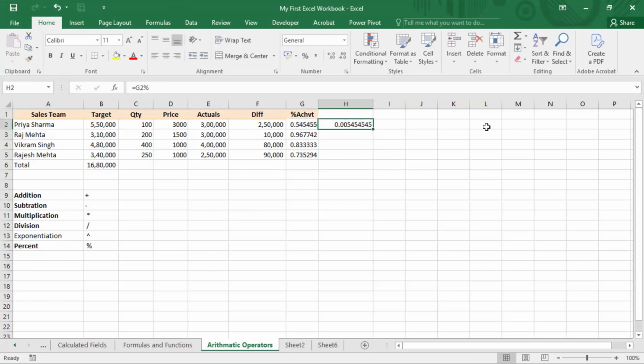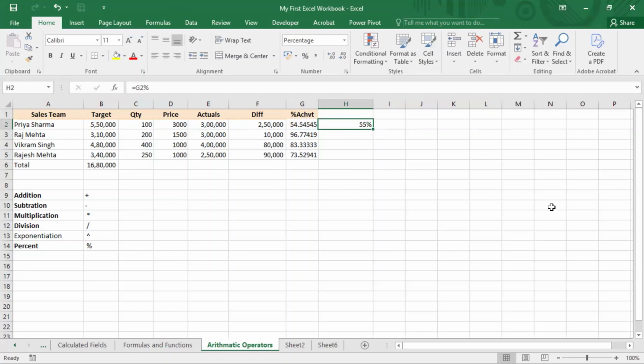Sorry, this is not the way. I have to get the percent, which is 54%. Equal to, I'll say percent to get the value of the percent.